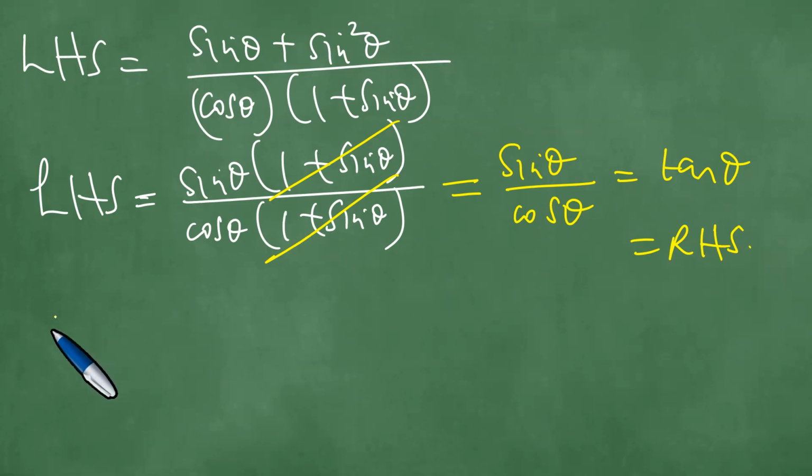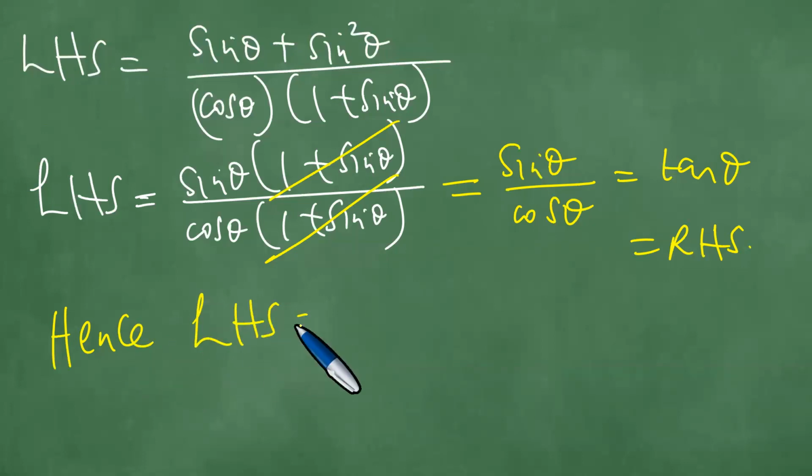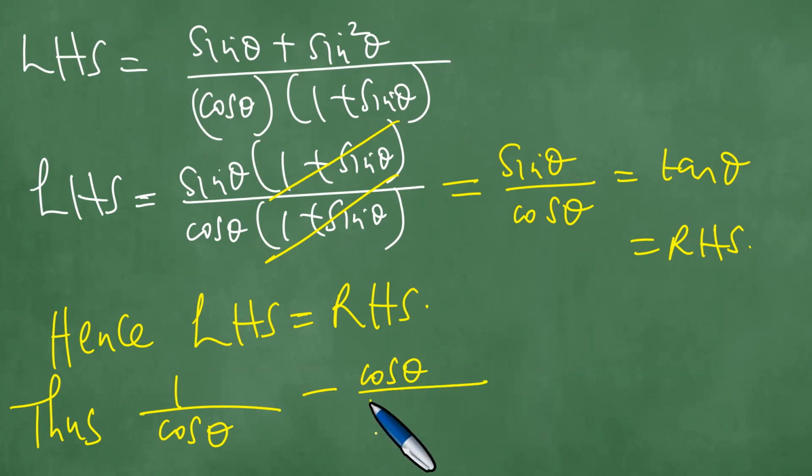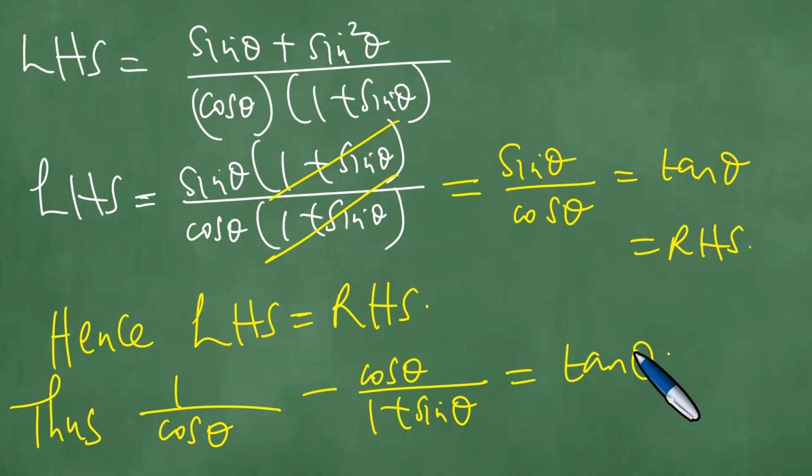And hence, the left-hand side is the right-hand side. And thus, it is true that 1 over this cosine theta over 1 plus sine theta, which is the tangent of what? Of theta.